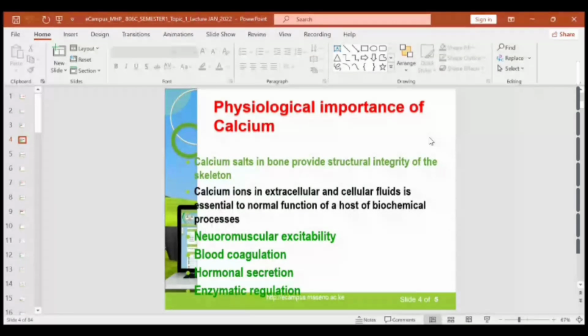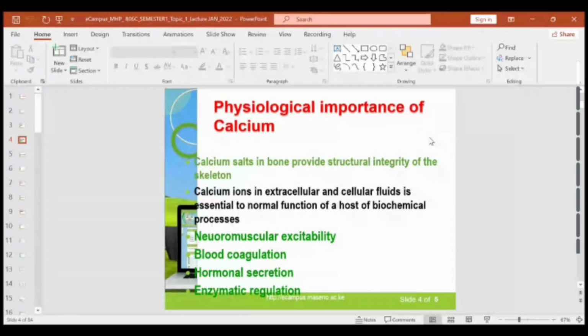And usually if you ever donated blood, there's a small tube for blood collection that usually has a blue or purple top. If you look inside, it has what we call an anticoagulant, and that anticoagulant could be in the form of calcium citrate. The purpose is only to precipitate calcium in blood, and once you take calcium out of blood, the blood will not be able to clot. We'll see the implication of that later.